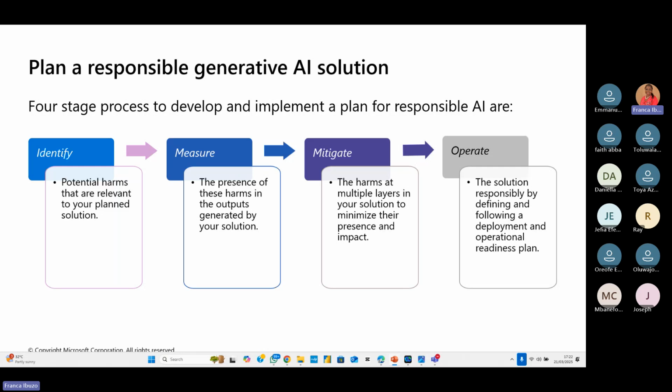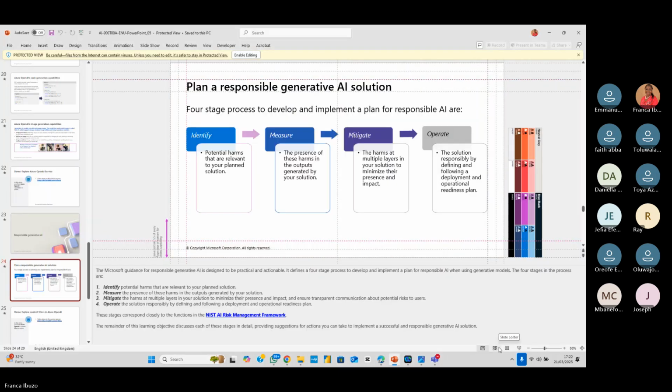And the fourth stage is to operate the solution responsibly by defining and following a deployment and operational readiness plan. So this is the 4-stage process to develop and implement a plan for responsible AI. Identify, measure, mitigate, and operate.